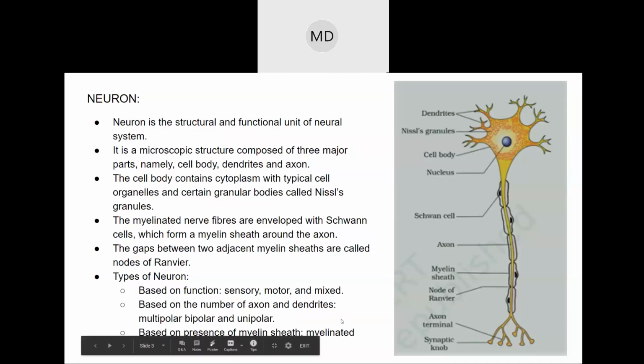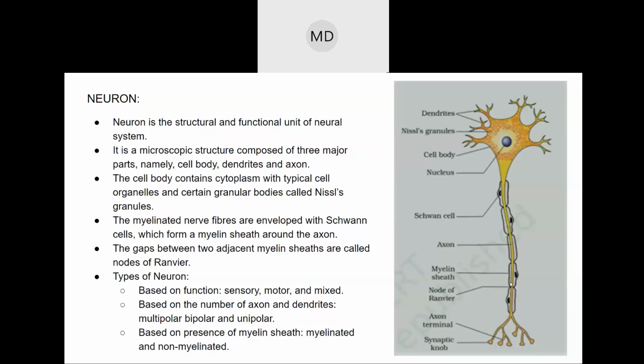The neurons which do not have myelin sheaths are known as non-myelinated or unmyelinated neurons. And the diagram here is a myelinated neuron because the myelin sheath is present. So based on the presence or absence of myelin sheath, there are two types: one is myelinated and one is non-myelinated or unmyelinated. If the myelin sheaths are present, then it is myelinated, such as this one. And if the myelin sheaths are not present, then it is non-myelinated or unmyelinated.